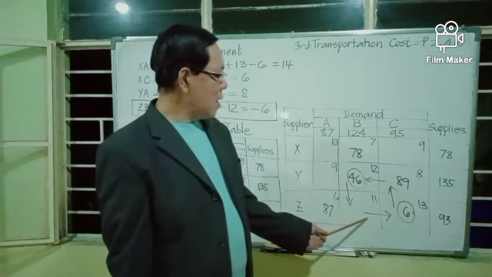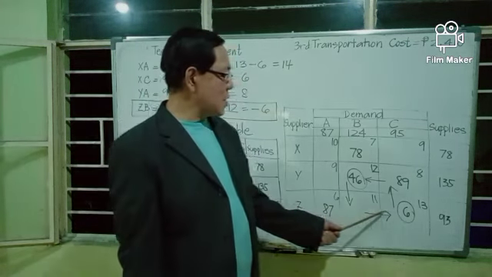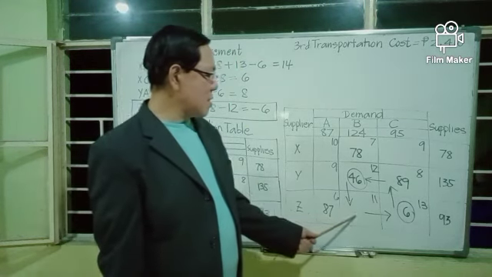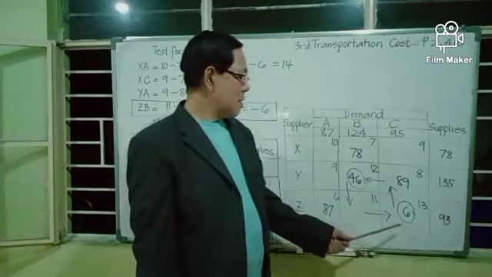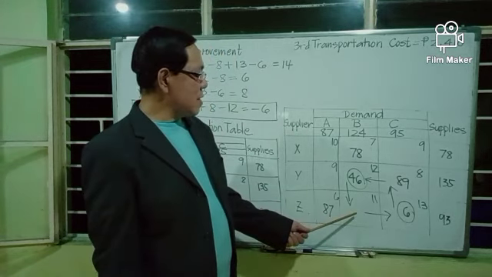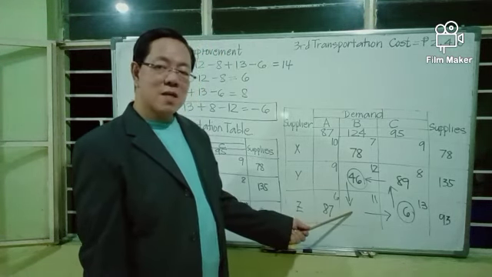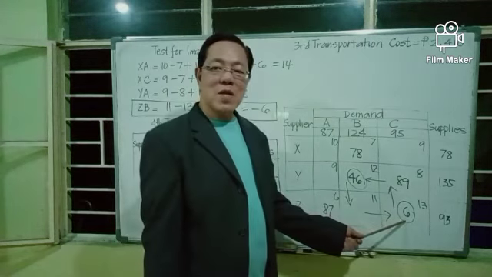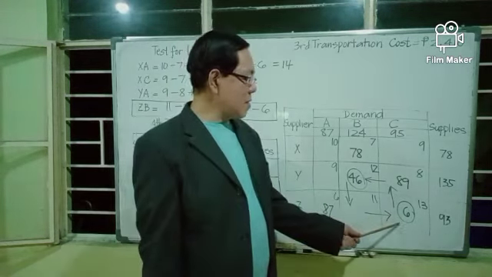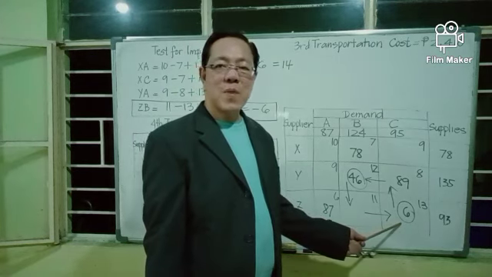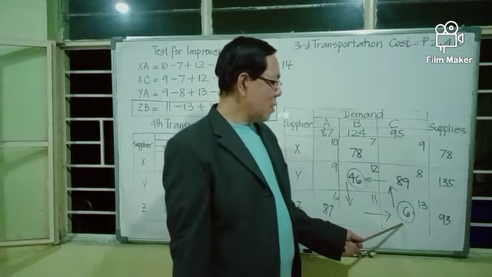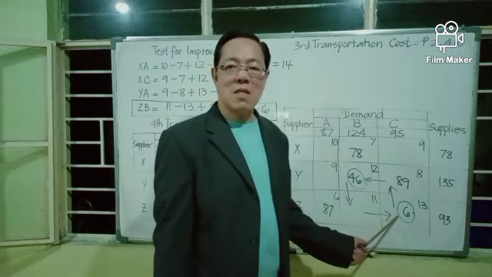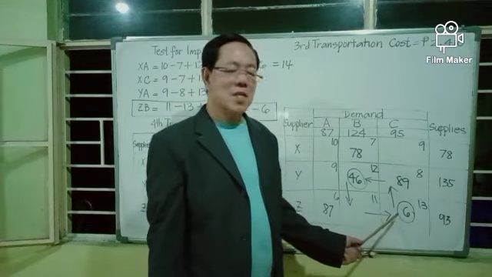If we transfer 6 to this vacant cell, we have 87 plus 6 is 93. And then we have to change 46. If we transfer 6 here, this cell will have no units, or this cell C will be vacant cell in the fourth transportation table.